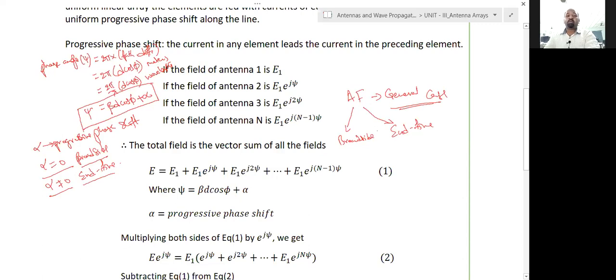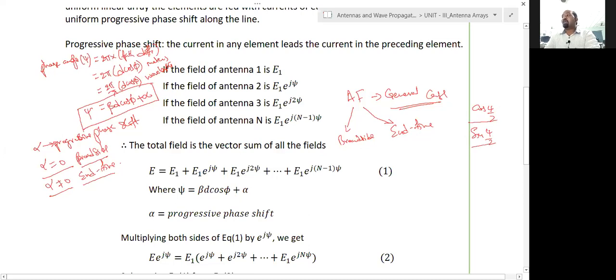But earlier, for the two element array, I derived array factors separately, broadside array separately and end fire array separately. For the broadside array it is cos psi by 2, and for the end fire array it is sin psi by 2.